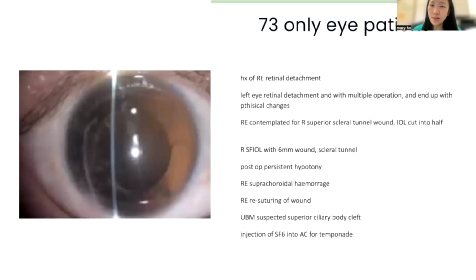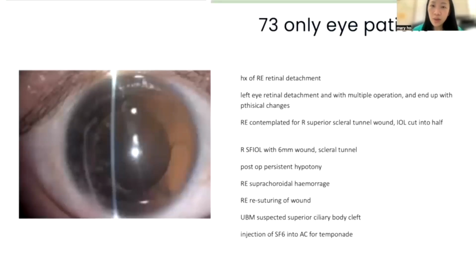This is another patient, an only-eye patient. He's a 73-year-old with a history of retinal detachment in his only eye. For the left eye, the patient has already undergone hypotony changes because of multiple failed RD fixations.